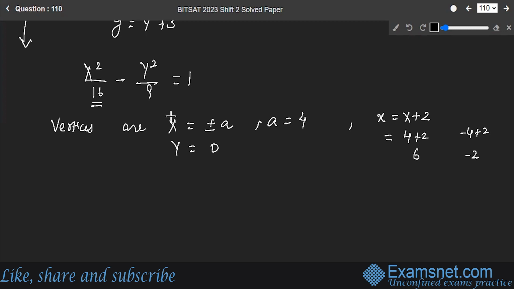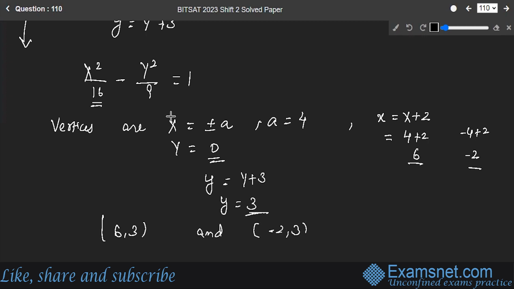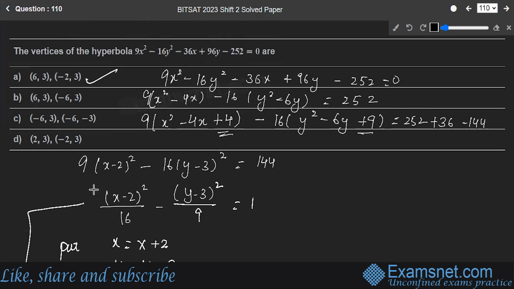It will be 6 and minus 2. And y is 0. So for that you have y is equal to y plus 3. So this will be equal to 3 only. So the two vertices will be 6 comma 3 and minus 2 comma 3. That makes option A to be the right answer.